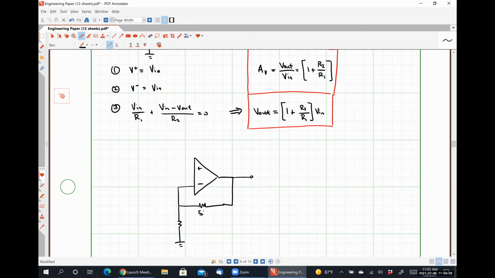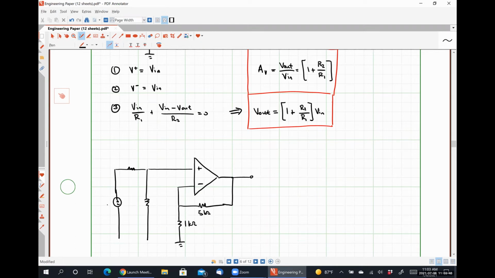I think this was a 5 kilo ohm resistor. I believe this was a 1 kilo ohm resistor. Actually, there was a resistor here.